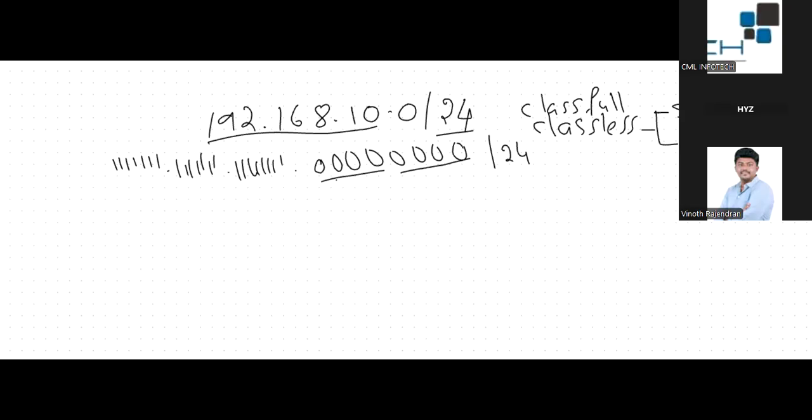Example: 192.168.10.0 is class C, which means 192.168.10.0/24. You will have 1, 2, 3 till 254 and 255. These are your available addresses in class C with a single network. Okay.